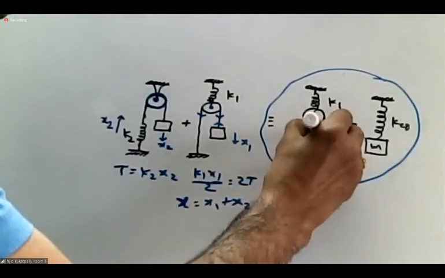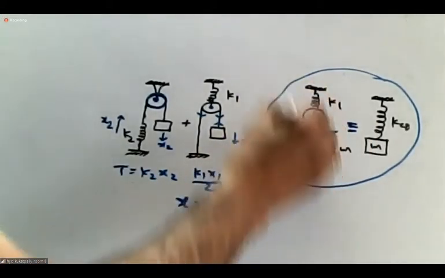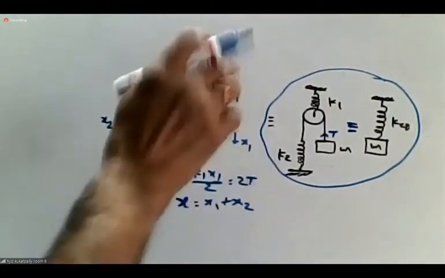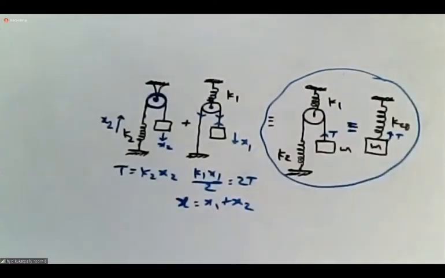So tension here is T. What tension these two springs together are causing, the same tension this spring should cause. Tension is the restoring force. So in all the cases, tension is constant.